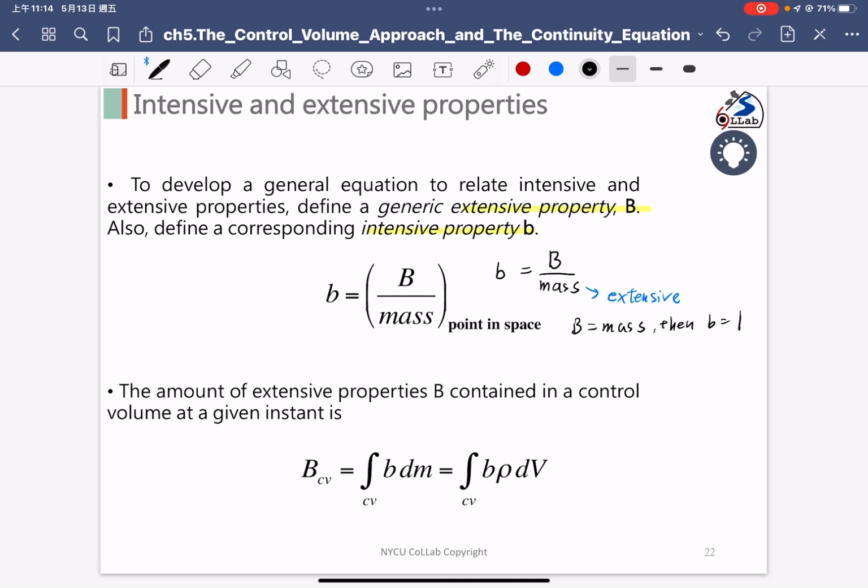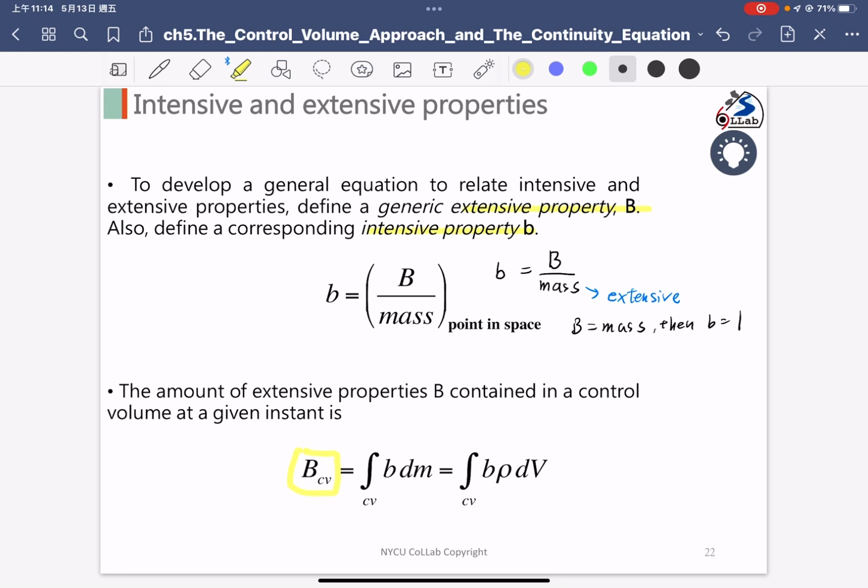Okay, so based on this idea, we have one control volume, and we ask how much of the extensive property is inside the control volume. We use B_CV.